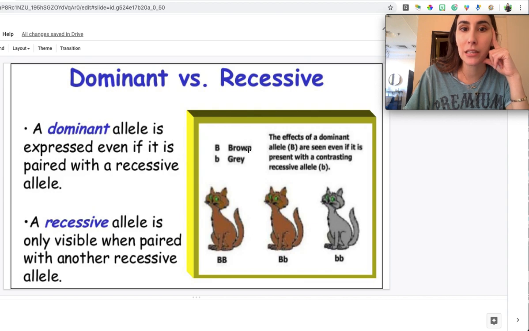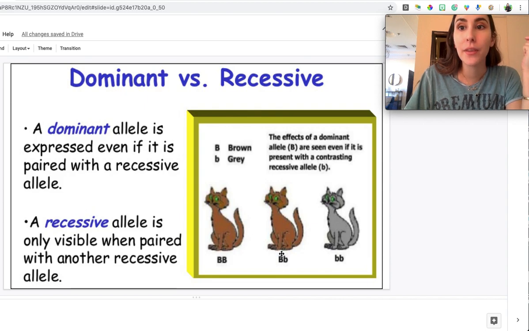The dominant allele is brown, the recessive allele is gray. Therefore, the first cat is definitely going to be brown. The second cat, even though it has that recessive allele hidden or present in its genotype, is still going to show the dominant trait.